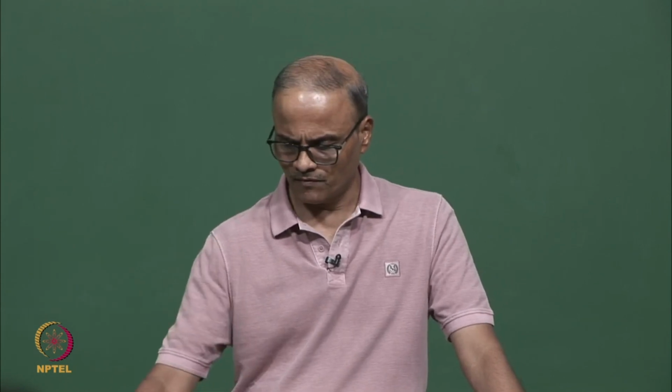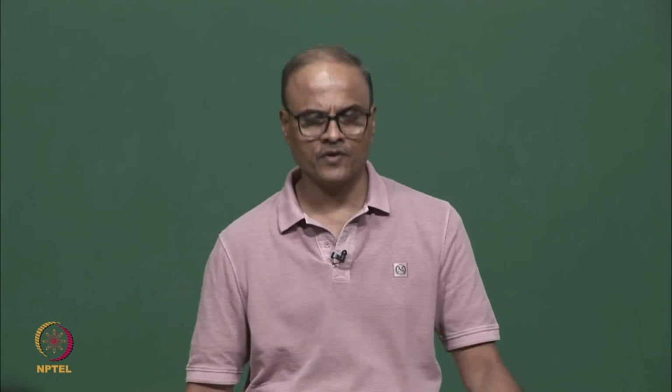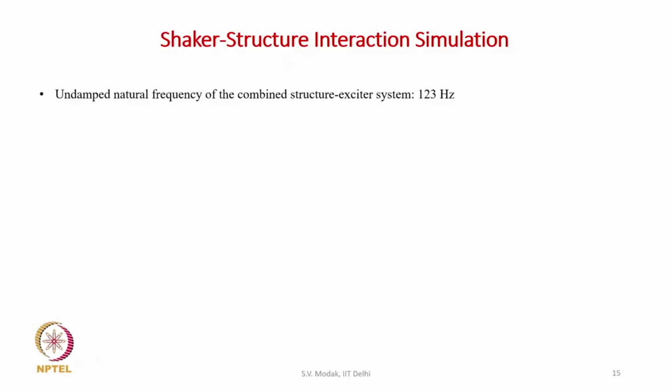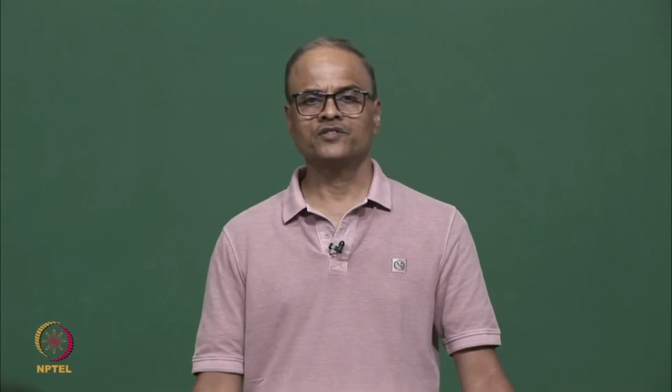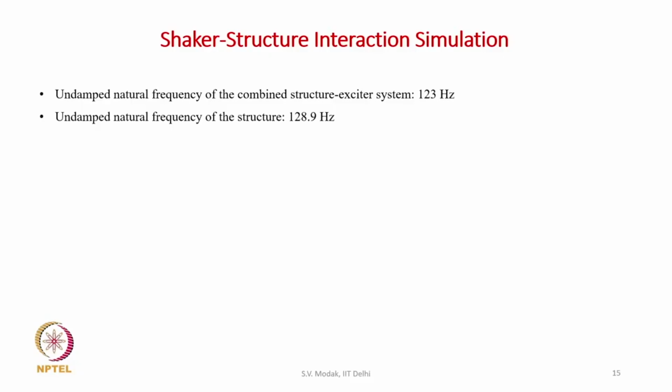We see that the undamped natural frequency of the combined shaker system for this particular simulation is 123 Hertz, while the natural frequency of the structure alone is 128.9 Hertz. This is something we want to determine.